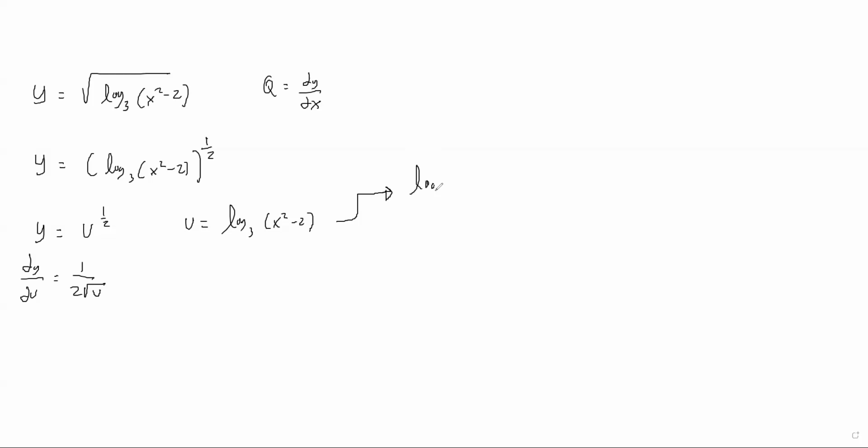If I have log base a of a number b, then we can change the base of the log into any number we want, and it will become log base c of b divided by log base c of a. And the c here can be any number we want, which includes Euler's number. So in that case, we can rewrite this as ln b divided by ln a.